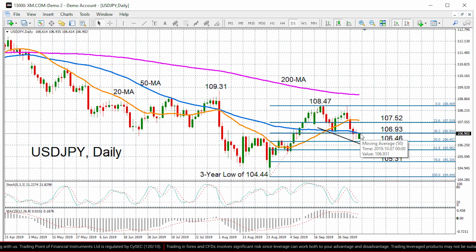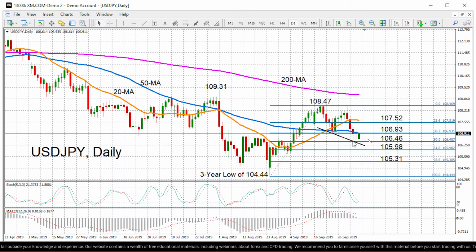If dollar yen manages to overcome that resistance, the next hurdle could come at 107.52 at the 23.6% Fibonacci, and then the pair might be able to challenge that September peak of 108.47 and resume its rebound from that three-year low of 104.44.